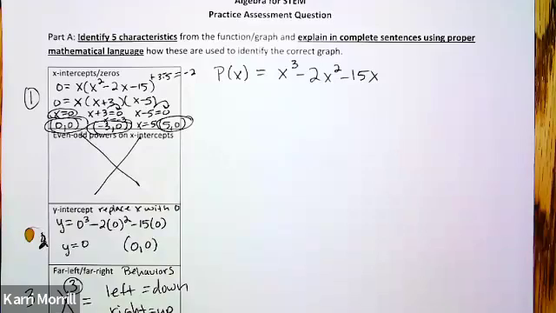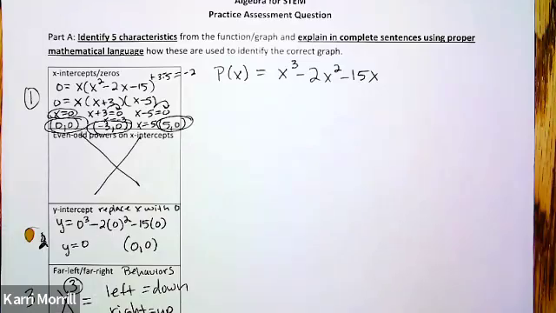So once we've identified 5 of those 7 things that we've learned so far, we are asked to explain in complete sentences using proper mathematical language. And really, it's everything that I was saying verbally when we were going through and identifying your x-intercepts or your zeros.